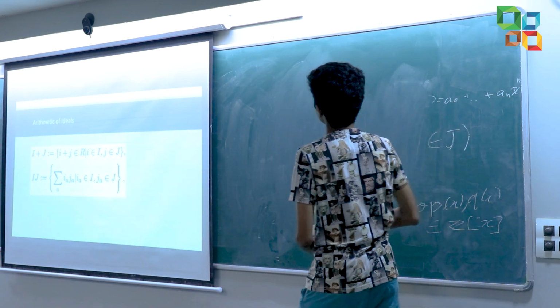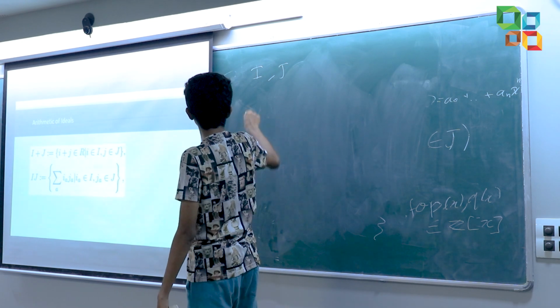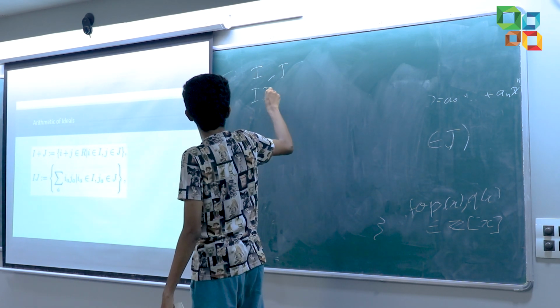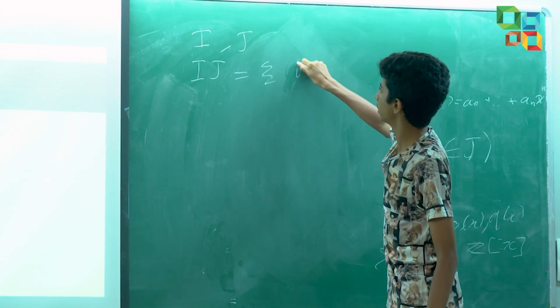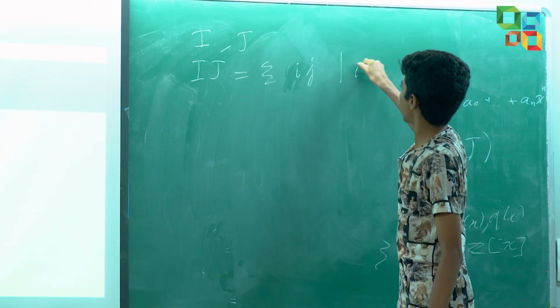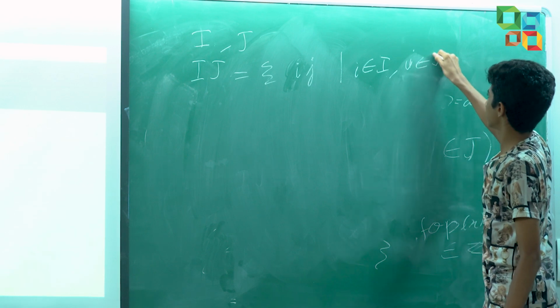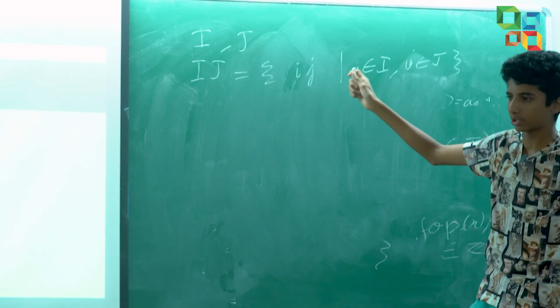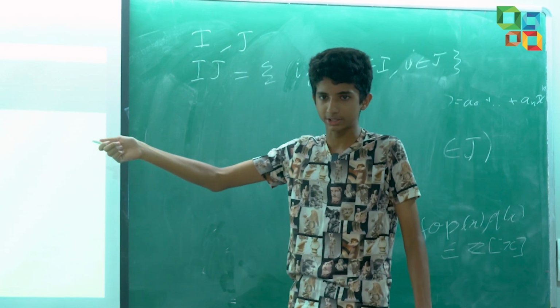Suppose you have these two ideals I and J. You define IJ as the set of i times j for all i belonging to I, j belonging to J. All products, basically all possible products, but you don't include finite sums.